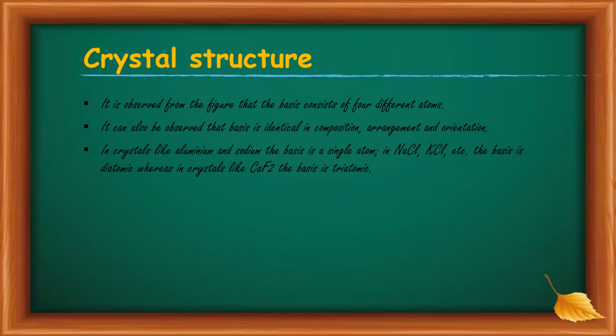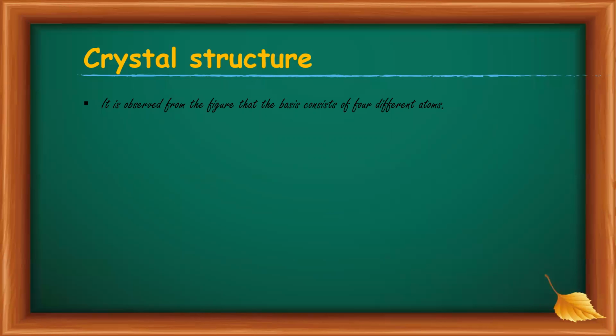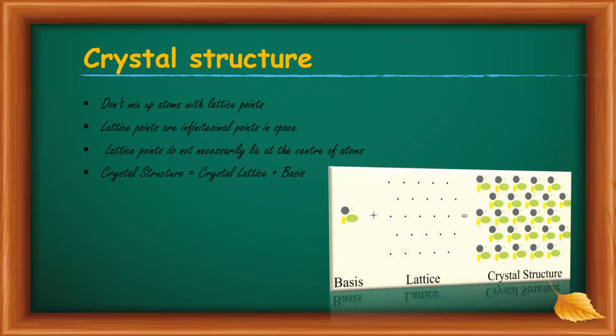In sodium chloride and potassium chloride, etc., the basis is diatomic, whereas in crystals like calcium fluoride, the basis is triatomic. In our previous example, it consists of 4 atoms.